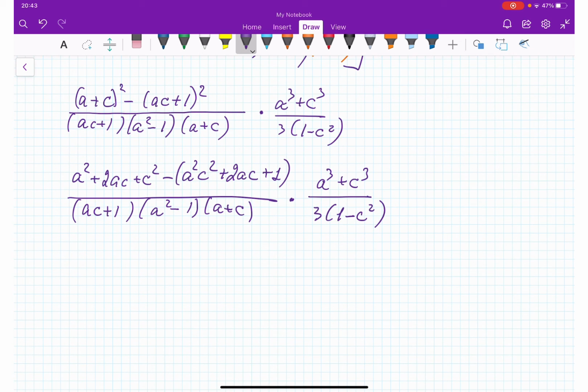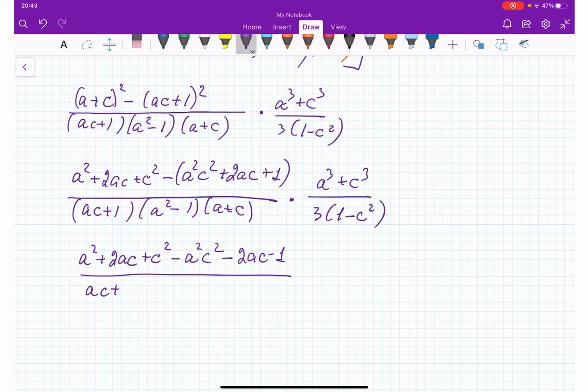Okay, now let's open parentheses here. A squared plus 2ac plus c squared minus a squared c squared minus 2ac minus 1, and we are getting ac plus 1, a squared minus 1, and a plus c multiplied by a cubed plus c cubed, 3 times 1 minus c squared.